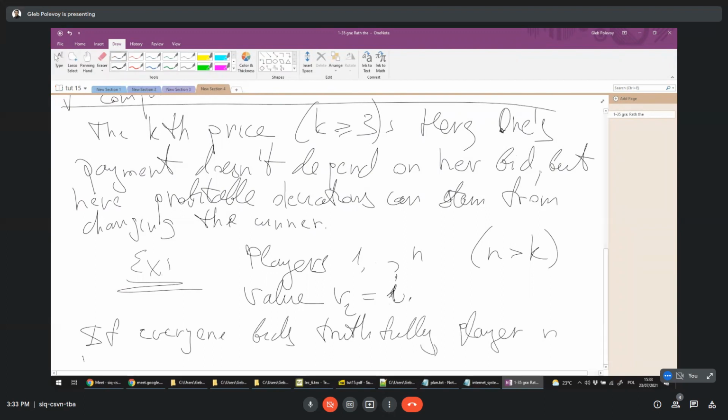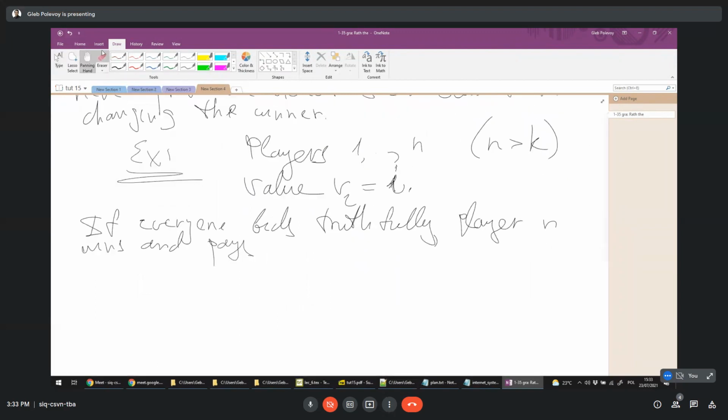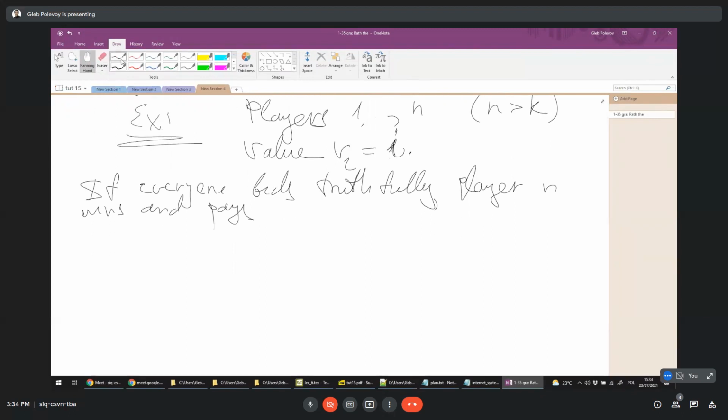And how much does she pay? n minus k. Or n minus k plus 1, I think. Let's see. If k is equal to 2, the second price, she would pay n minus 1. Yes, n minus k plus 1.